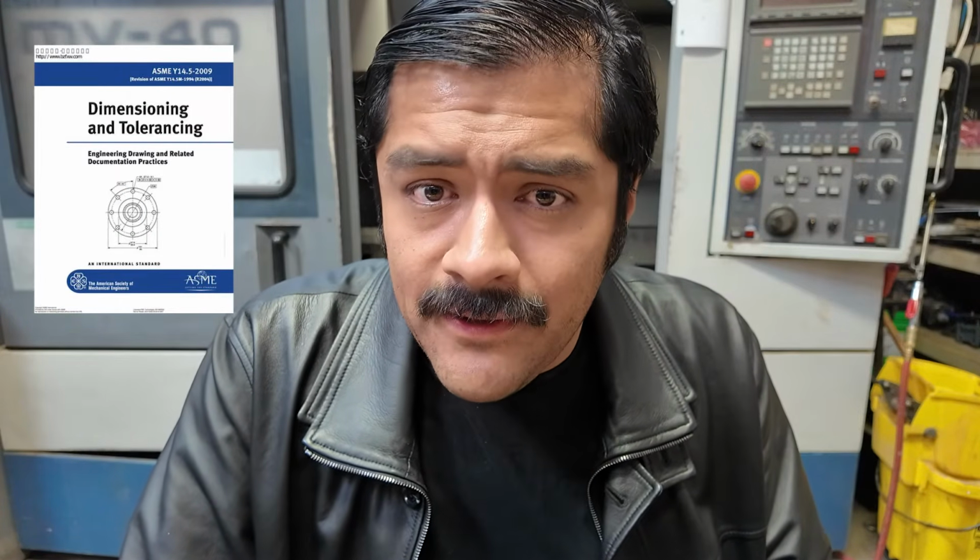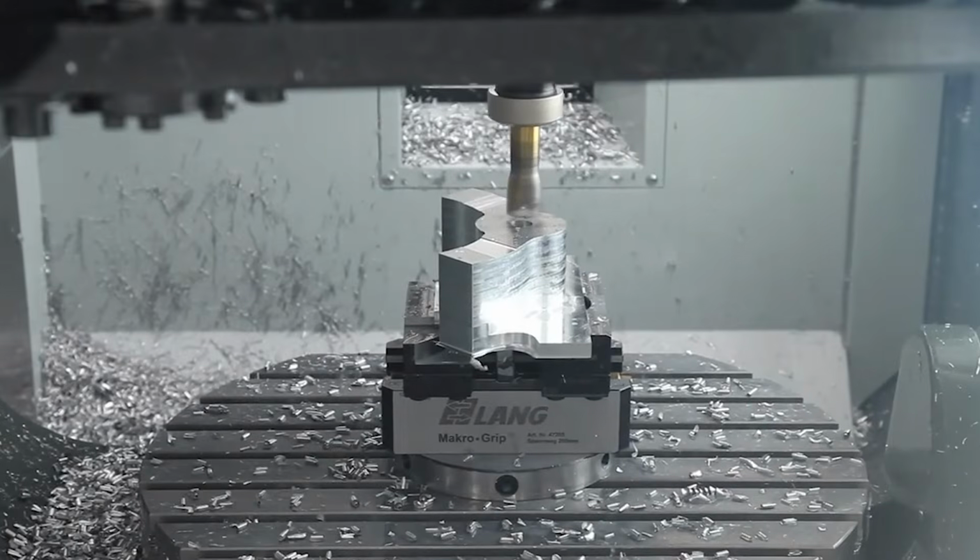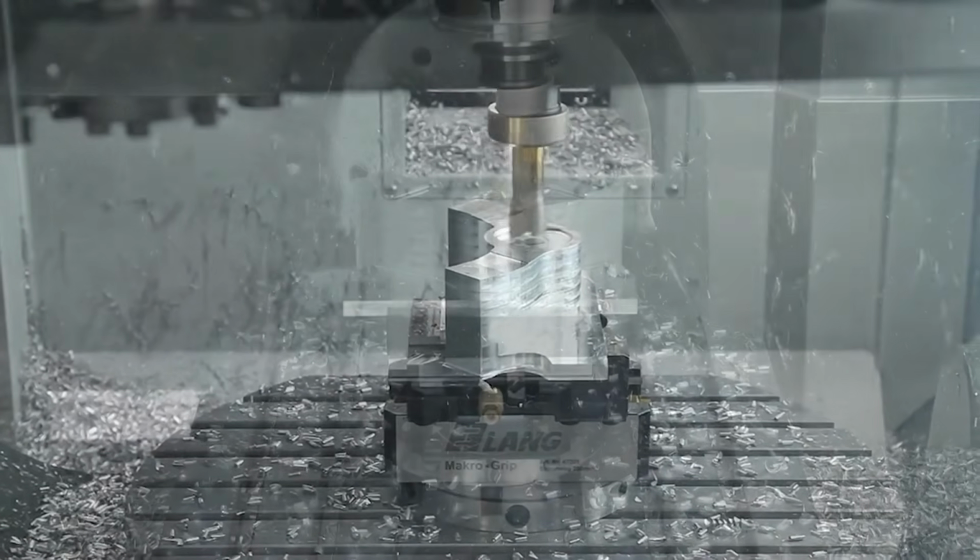But in today's world, we have standards, and there are two particular standards that I am familiar with. In America, we primarily use the ASME Y14.5 standard, whereas in other parts of the world, like Europe, they use the ISO standard. You're gonna have to learn one or maybe both. The unfortunate truth is, if you don't know how to read these, then you are eliminating 75 to 80% of the work that is out there.